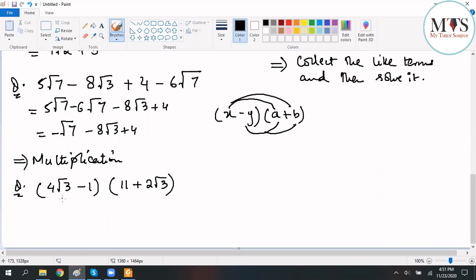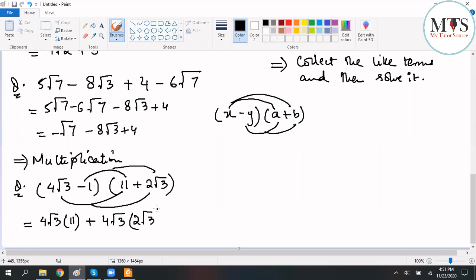So we do the same over here. 4 root 3 gets multiplied with 11 first, then with 2 root 3. The negative 1 gets multiplied with 11 and 2 root 3. So this will be 4 root 3 times 11 plus 4 root 3 times 2 root 3, then negative 1 times 11 and negative 1 times 2 root 3. Okay?